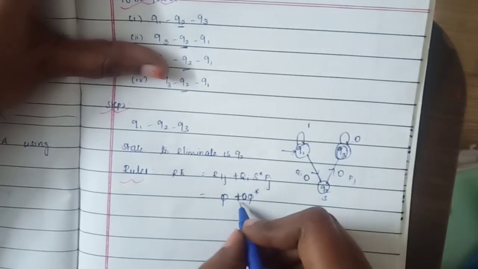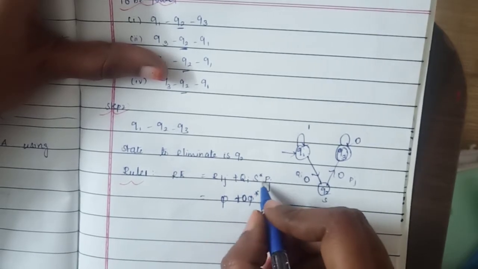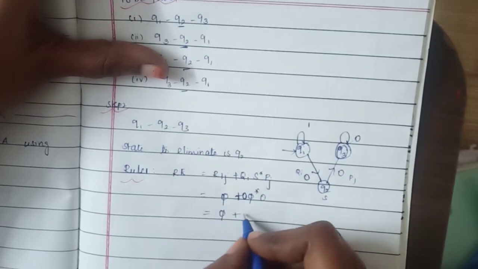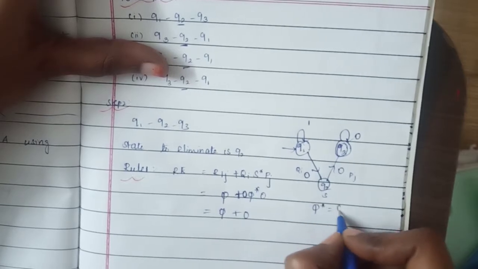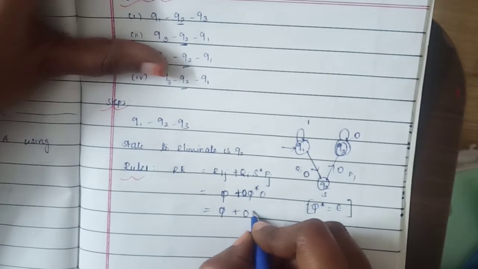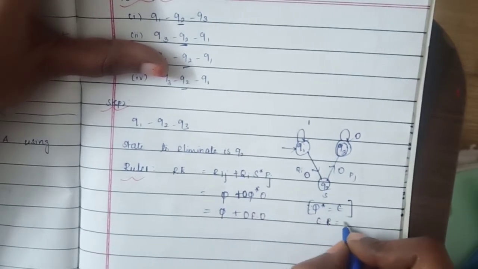Qi is 0, phi closure is epsilon, and Pj is 0. So epsilon into r equals r.